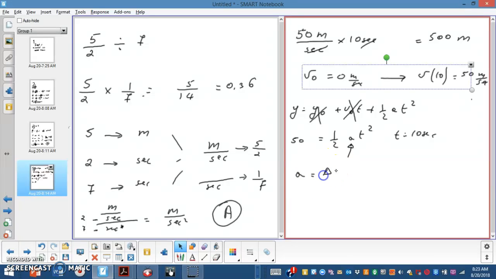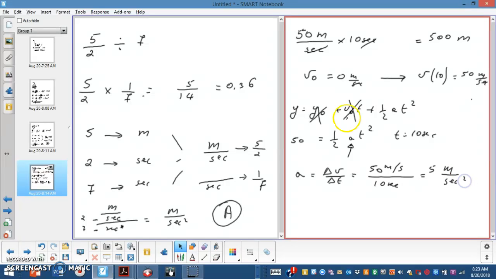You know that acceleration is the change in velocity per time. So velocity changed from 0 to 50, so you have a 50 meters per second change in velocity in 10 seconds. So this is going to be 5 meters per second squared, so that will be your acceleration, which you can plug in there.